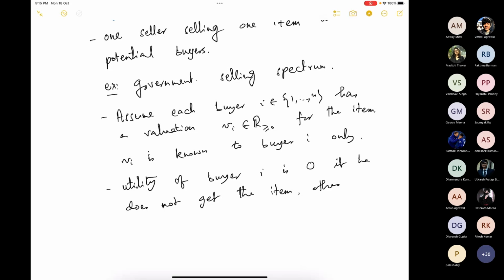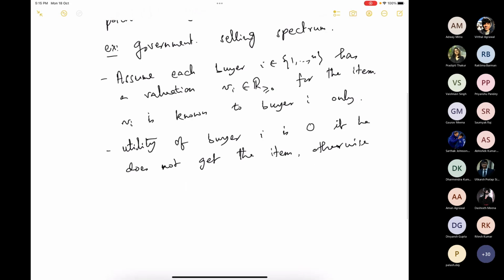Otherwise, if buyer i gets the item, his utility is Vi minus P, where P is the payment by buyer i.